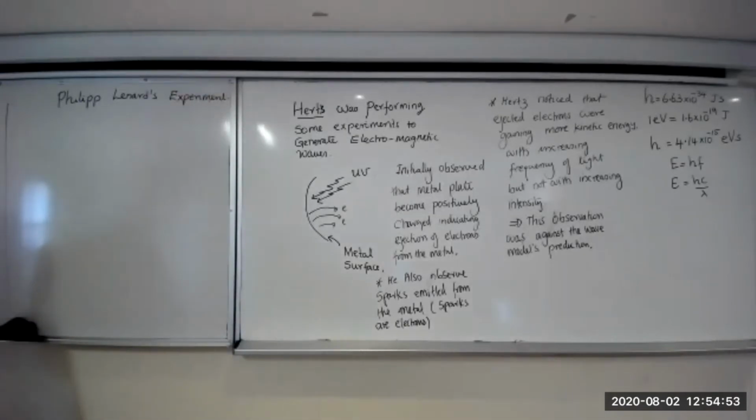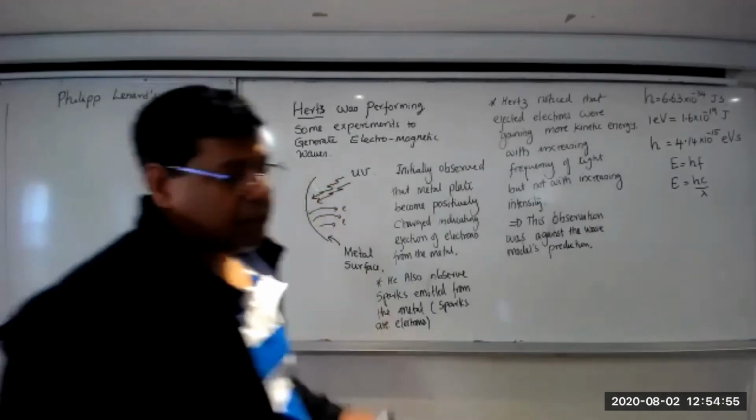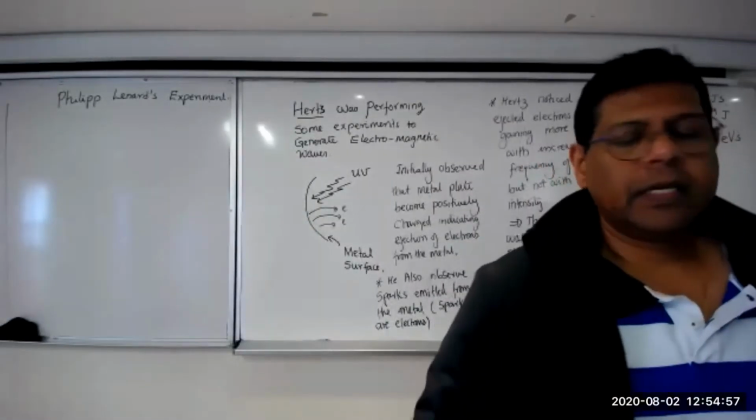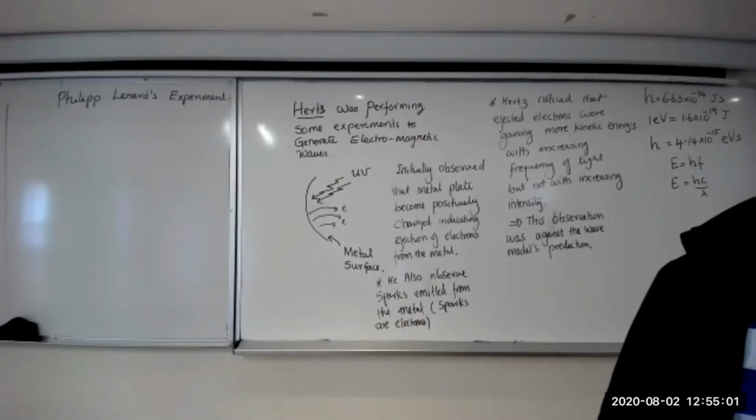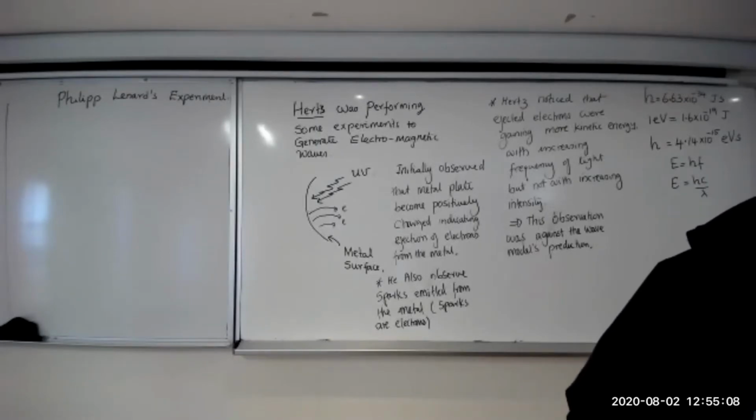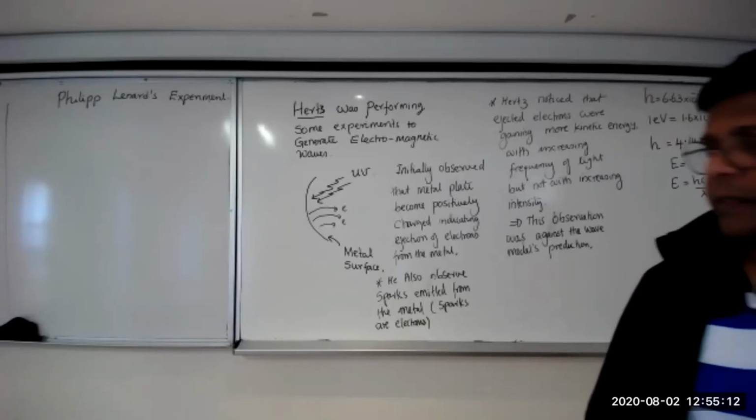The aim of the experiment was to investigate what Hertz was suggesting and maybe a bit of Planck's suggestion as well. So he wanted to change the intensity and see how far the electrons are jumping, or whether the electrons are gaining more kinetic energy with intensity or with the frequency.